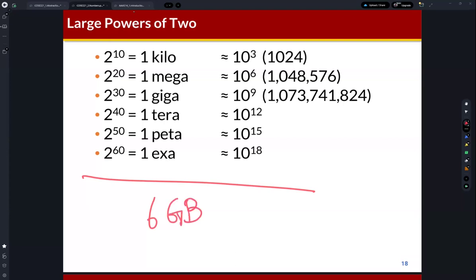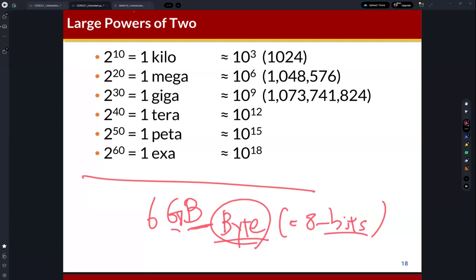So what does that mean? The capital B represents the byte, which means it's 8 bits. And how about the G? G represents giga. So what is a giga? As you can see, giga is equivalent to 2 to the power of 30.